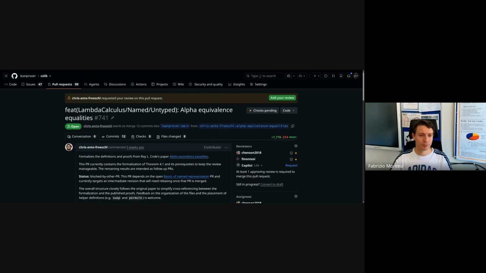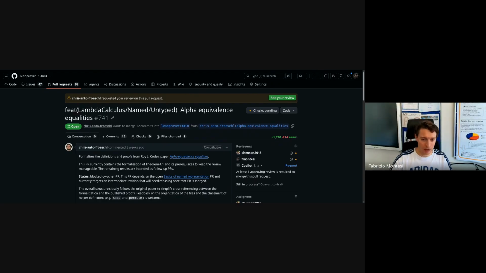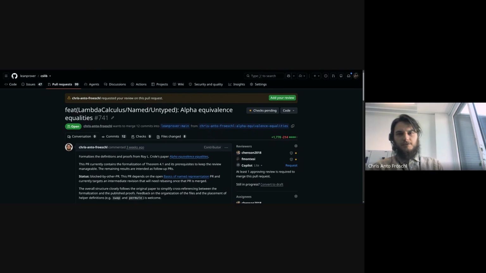So I will refactor some of it. But the main idea is to show that 5 different alpha equivalences are equivalent. Very good. 741, alpha equivalence. Do we already have a thread for 741 in CSLib? Yes, we do, some time ago, I think.